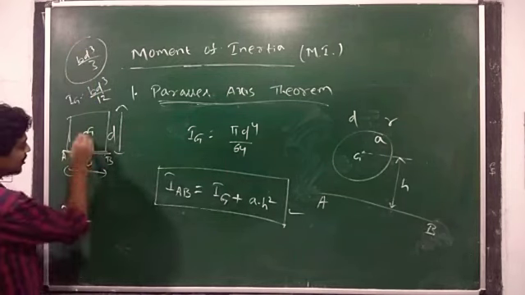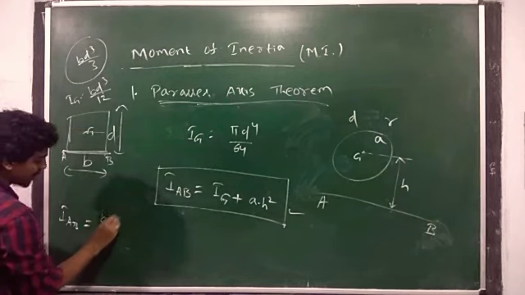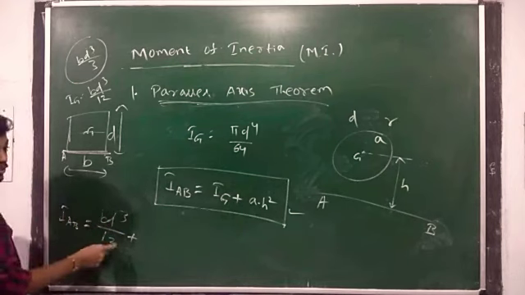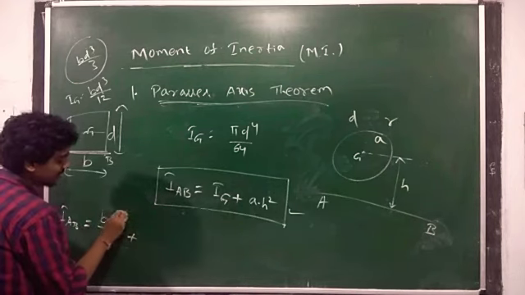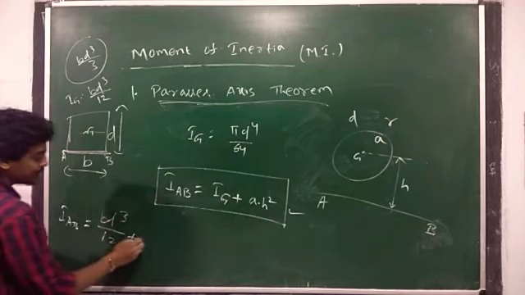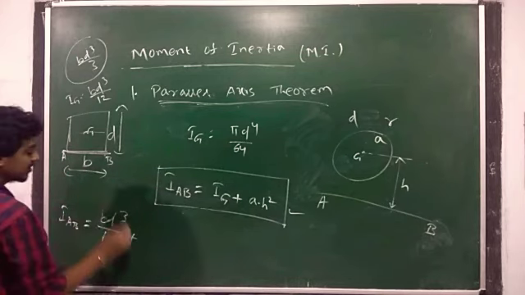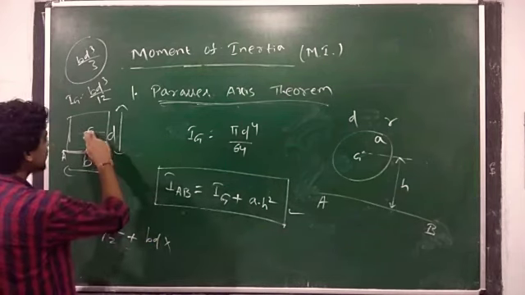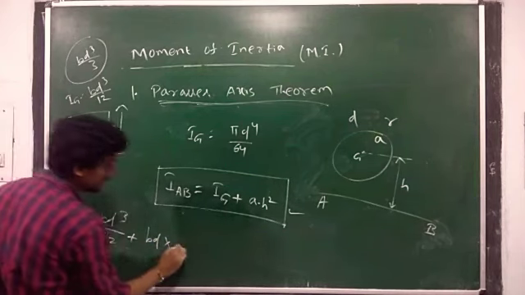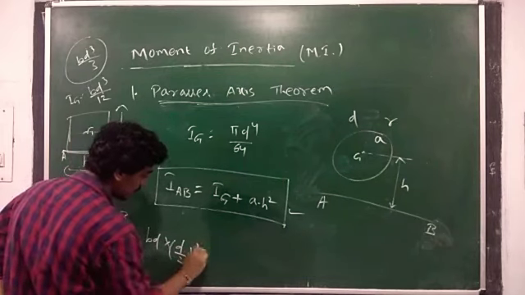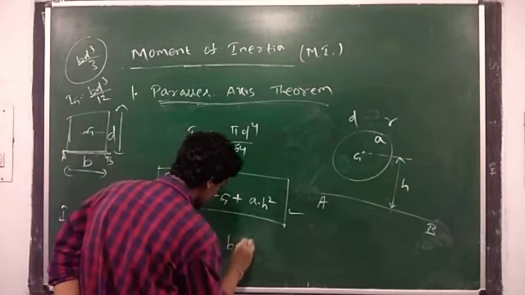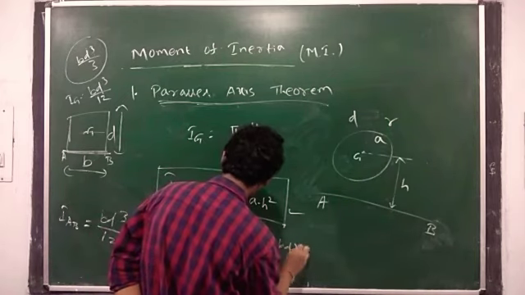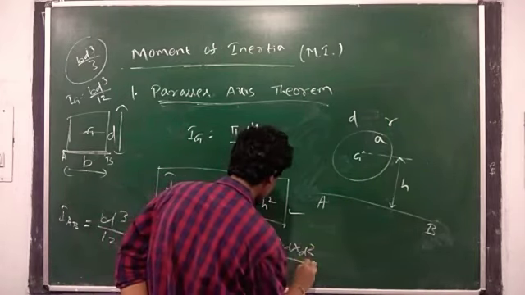Suppose the central axis value is already told, BD cubed by 12, that is Ig. According to the parallel axis theorem, I am writing here BD cubed by 12 plus the area of that section. Area is BD, the area of the rectangular section. H means the distance from the center of gravity, that will be D by 2 whole squared. So it will be BD cubed by 12 plus BD into D squared by 4.